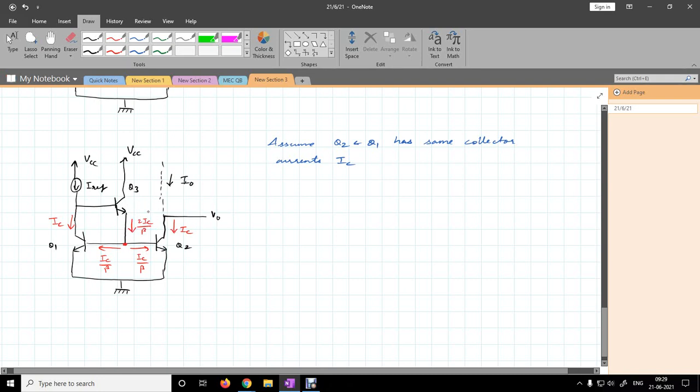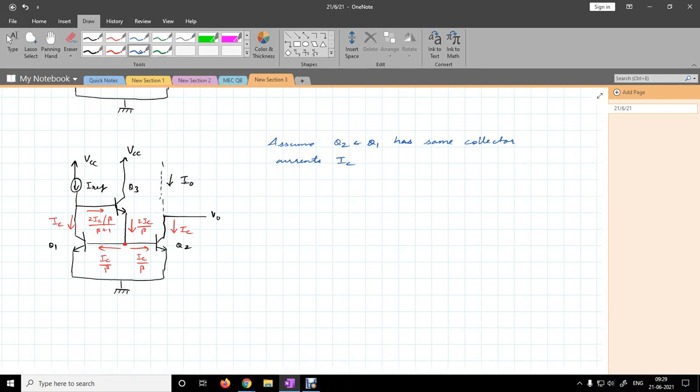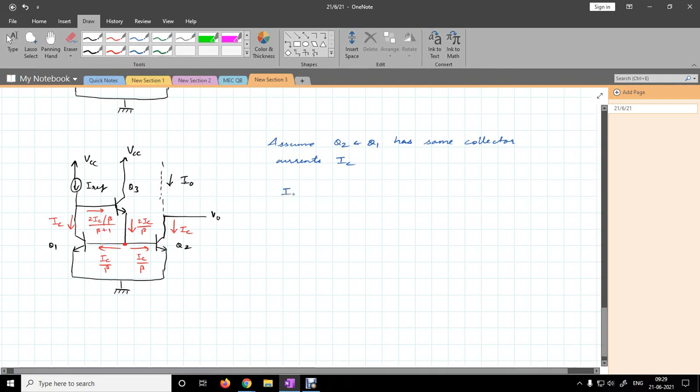If your emitter current is 2 IC by beta, base current will be 2 IC by beta divided by beta plus 1. Okay, because we know that IC is beta times IB and IE is 1 plus beta times IB.